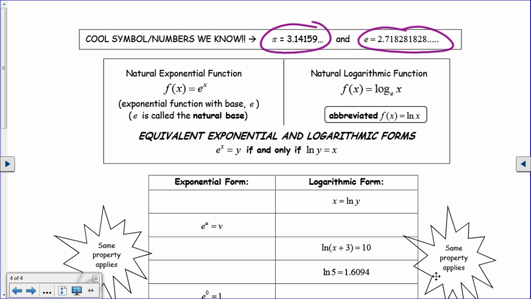This little chart, this table, explains the difference when you're converting between the exponential and the logarithm. Using an e, this is what the exponential looks like. The base is e. When you're talking about an exponential using e, the base is e. We call that the natural base. When you convert it to a log, you start by writing it this way, but this is not how you would leave it. We don't write log base e.